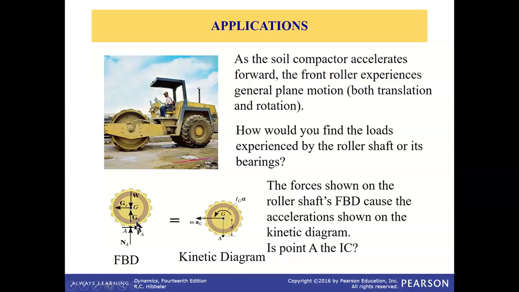And then these two forces, Gx and Gy, are the forces exerted on the shaft of the roller because of the weight of the roller, the normal force and the acceleration. Okay. As a result of all these forces, the roller has a certain angular velocity and angular acceleration, and the roller is heavy, so it has mass moment of inertia Ig. The radius of the roller is, let's say, d. Then as a result, the center of the roller has horizontal acceleration, which is AG.